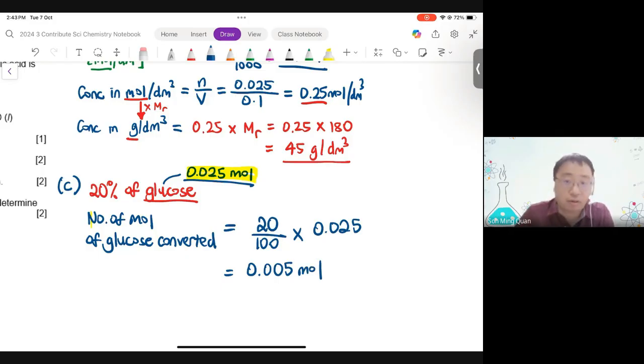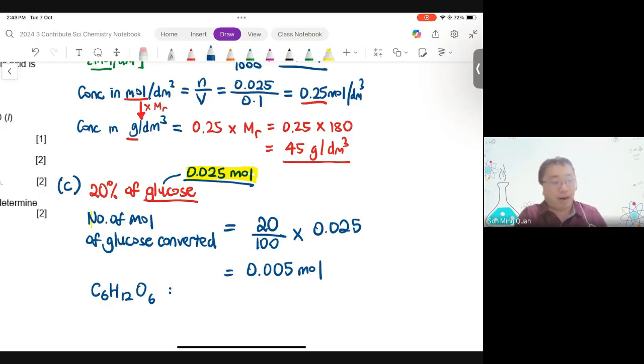This is how you make use of the 20%. It's 20% of 0.025. 20% times 0.025. After you have done this, basically you have the number of moles of glucose which reacted.